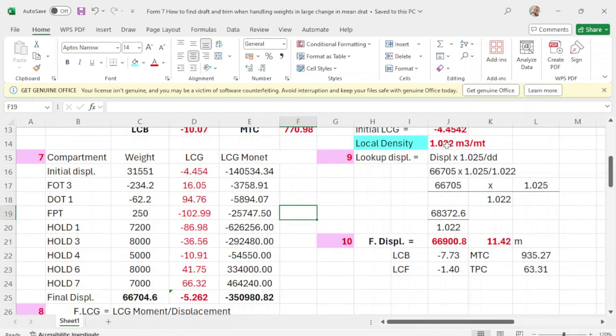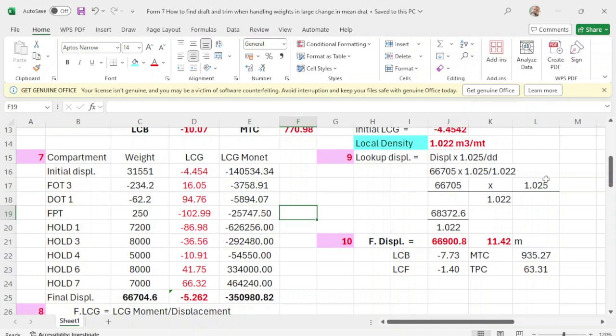So we have a new density of 1.022. The local displacement will be displacement times salt water over the new density, or the local density. So 66505, which is this one, guys, already rounded up, times your salt water density over your new density 1.022 if he is floating in the density 1.022.